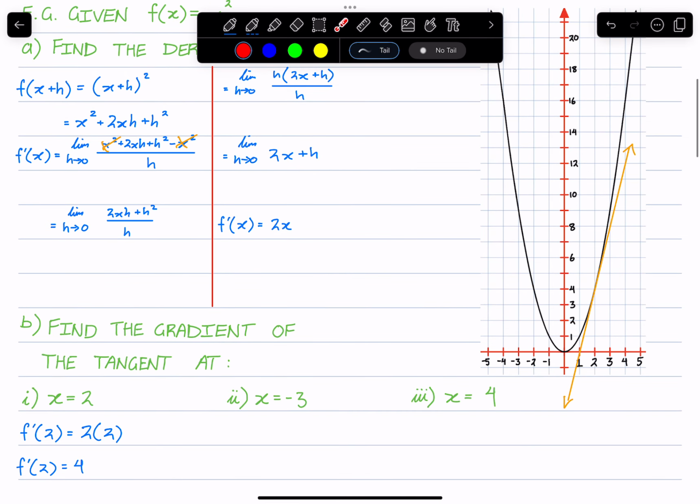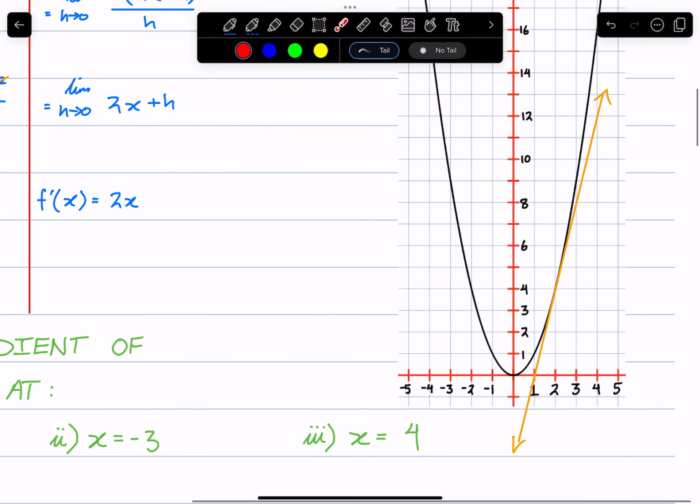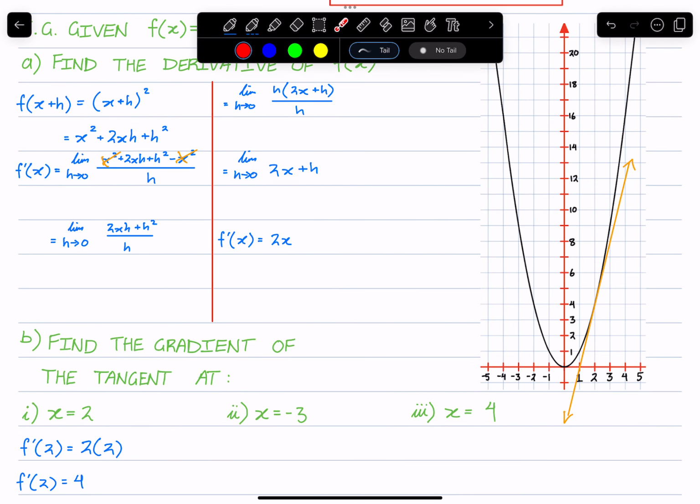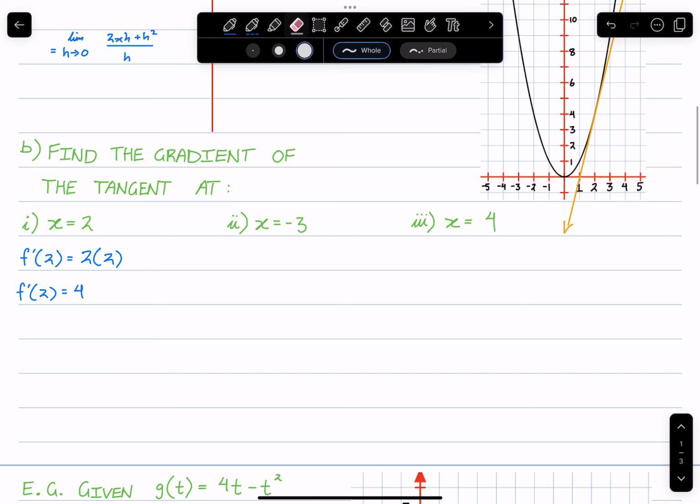f prime of 2 will give us 4. So the question we asked earlier, what is the gradient of this tangent? Well, it's a gradient of 4. Don't be mistaken by this value here. This is the function value of 4, so the y value here is 4. But the gradient of this tangent is also 4. So let's do this again.